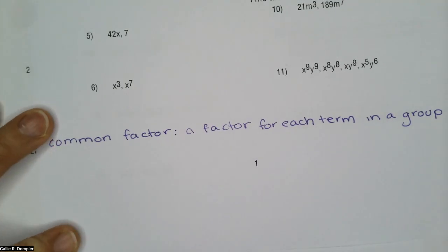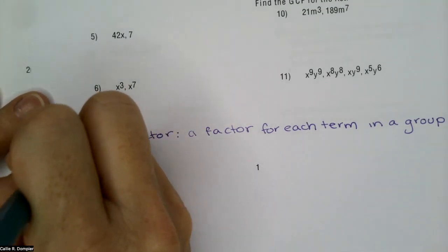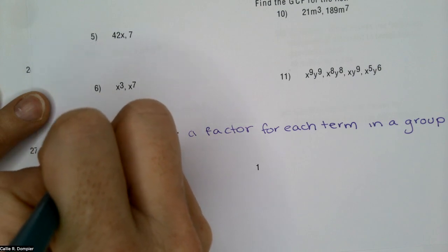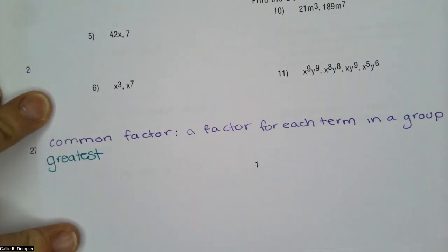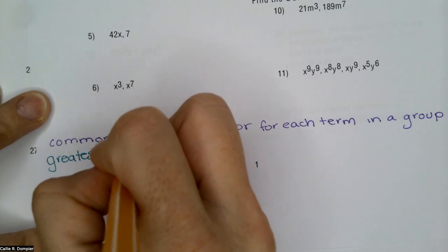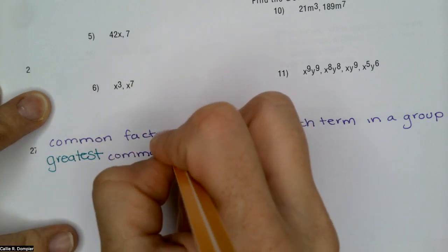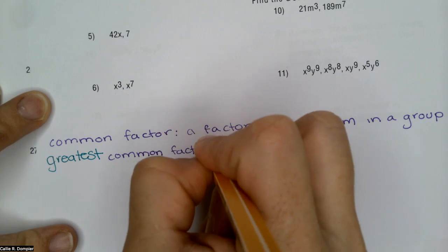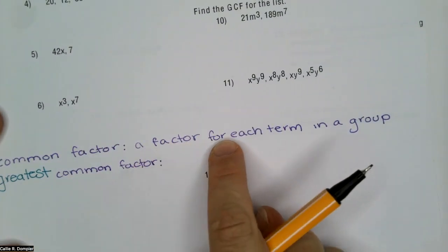The only difference here is we're adding greatest: greatest common factor. You have a factor for each term in the group.